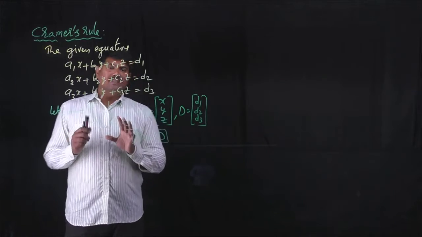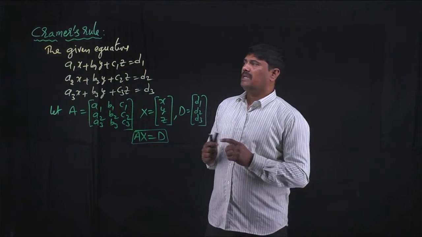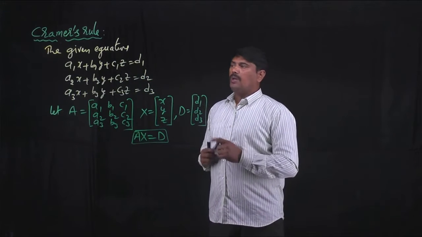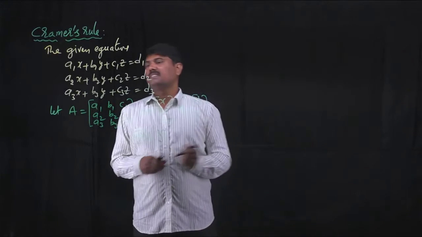So if these are the given non-homogeneous equations, now by using Cramer's rule, how can we find the solution of the given non-homogeneous equations? The process is like this.